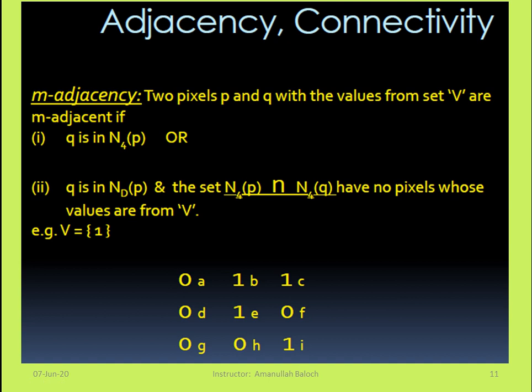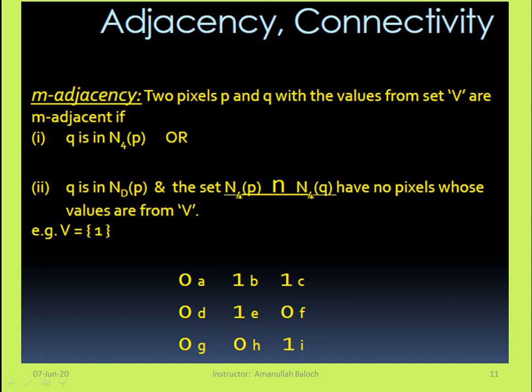There occurs some ambiguity with the N8 of P rule when we find adjacency, but M adjacency resolves that ambiguity. We will see which kind of ambiguity in these examples.